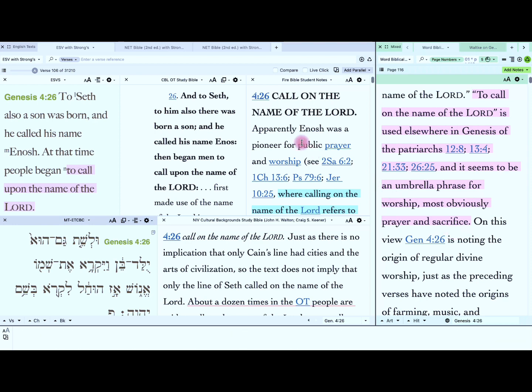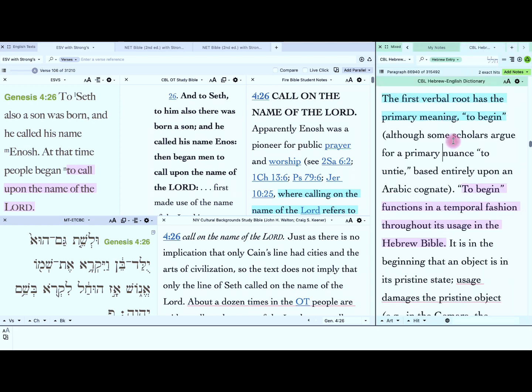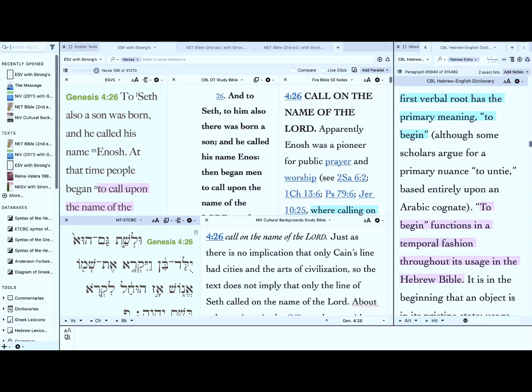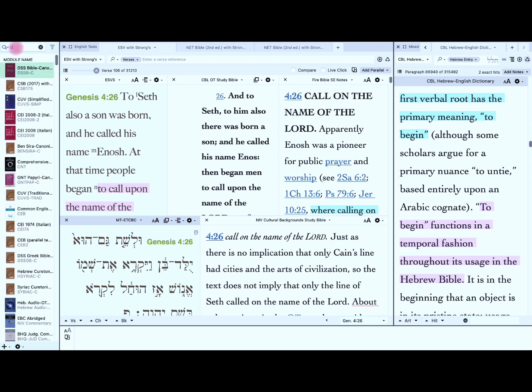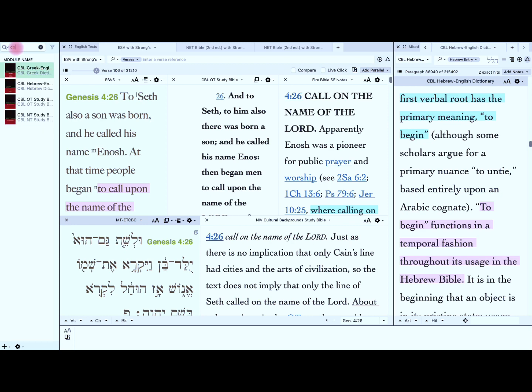Now let's go to another resource, okay? Let me use now this dictionary. It's a pretty nice dictionary. Let me show you. If you can ever have the time to look at it and maybe get it, it's really important. It's the CBL. Here it is.